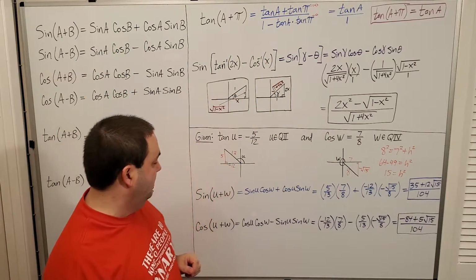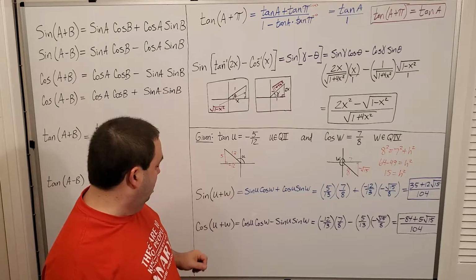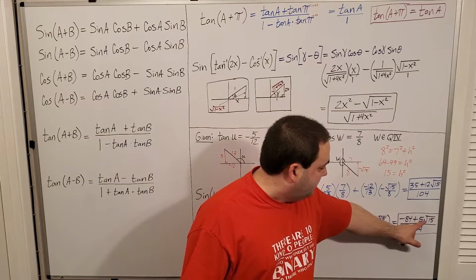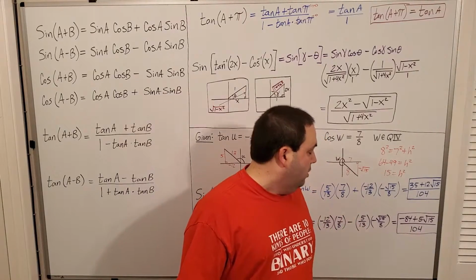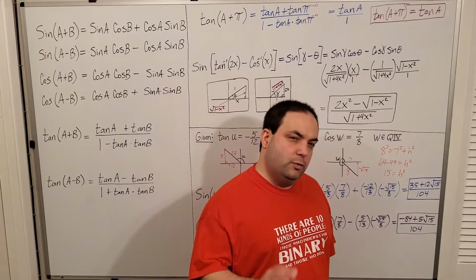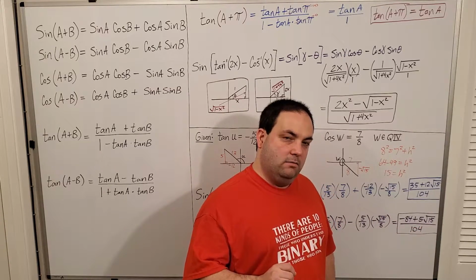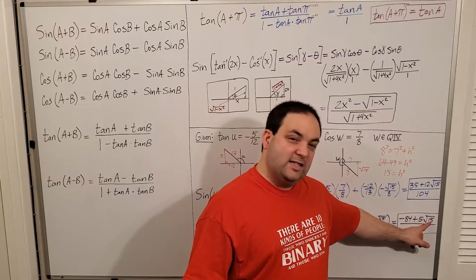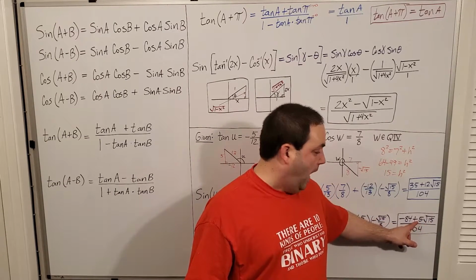That's where sine is positive. And let's put the nail in the coffin. Cosine here is negative 84 plus 5 square root of 15 over 104. Well, square root of 15 is really, really close to square root of 16, right, which is 4. 5 times this is going to be a little bit less than 20, but it's positive.